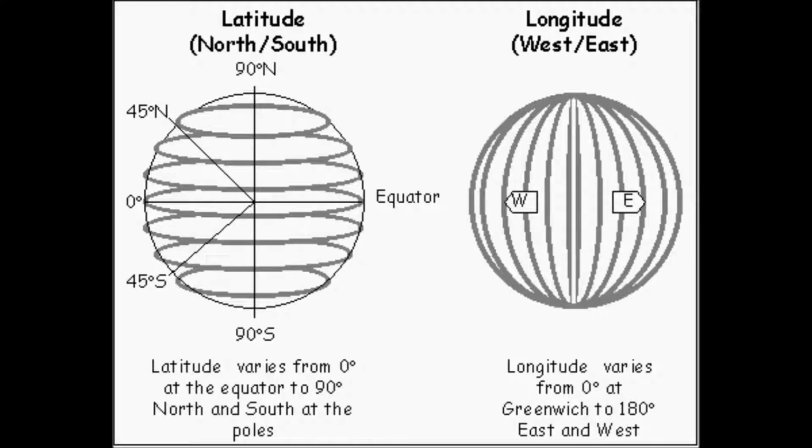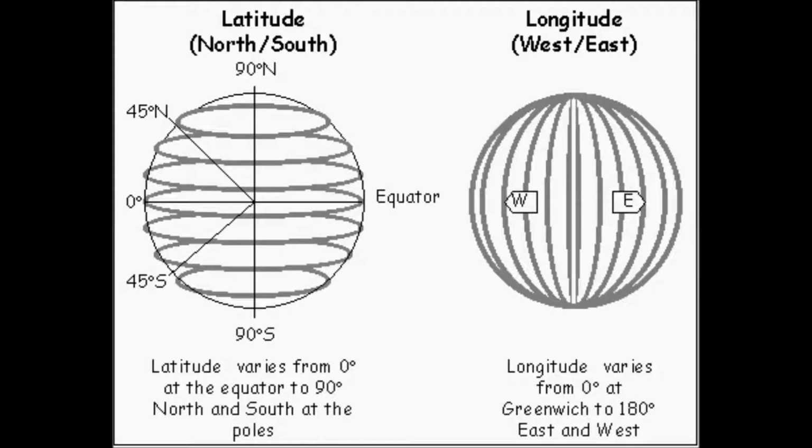They made parallel lines from the north pole to south pole, which are known as latitudes, and vertical lines which are known as longitudes. The latitudes go from north to south: 90 degrees north is the north pole, 90 degrees south is the south pole, and on the equator you have 0 degree. It is neither 0 degree north nor 0 degree south, it is known as 0 degree only.